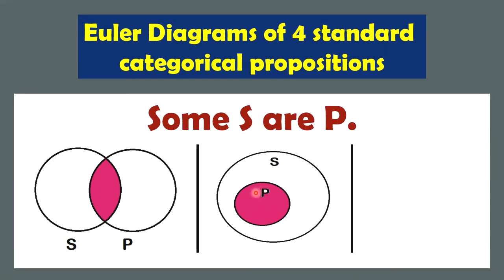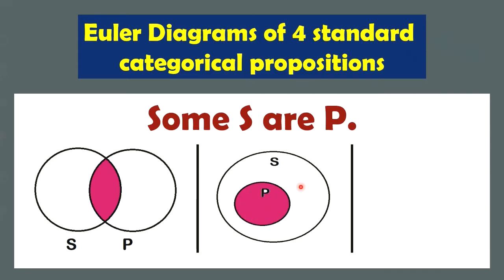Okay? And hindi lahat ng part ng S nasa P. Ito lang. Okay? Where are the parts of S na wala sa P? Etong color white. Wala ito sa set or dun sa circle natin na P. Right? Okay. So that's why we have some S. So ito yung part ng S na nasa P.